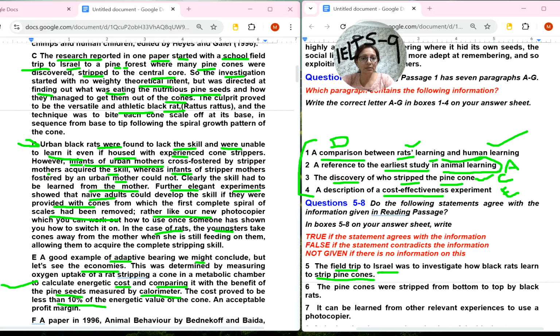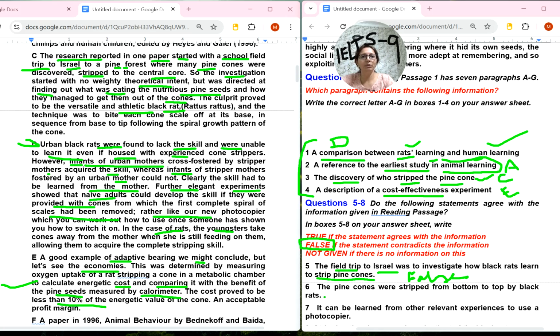It means this is a contradiction of information. So I will mark it false. F. Okay, so I will just mark it false, or you can write the full word. Full spelling you need to write actually. Whatever way they have given in the instructions, please write the spellings like that. If in capital, then you write in capital letters.